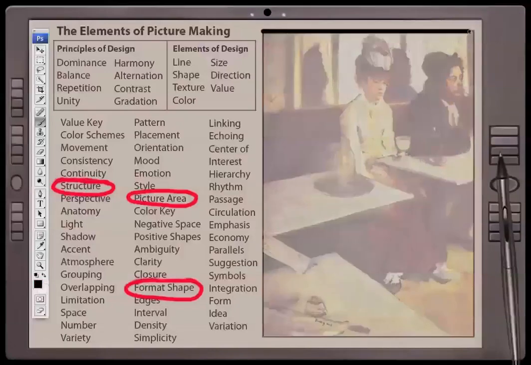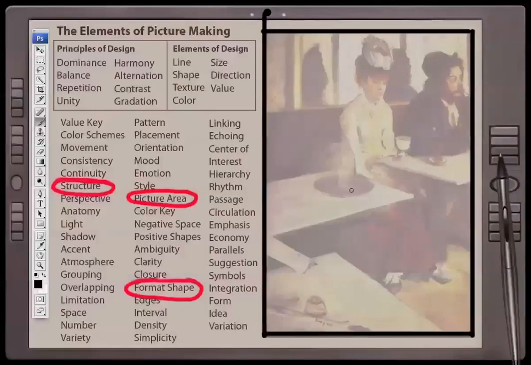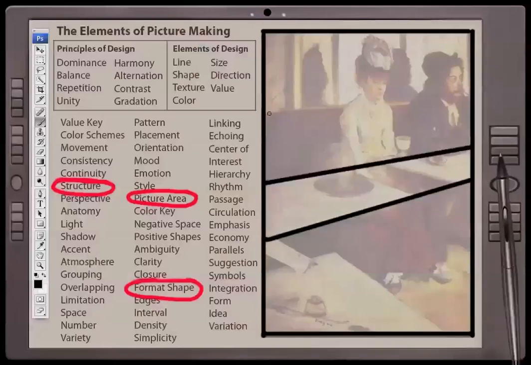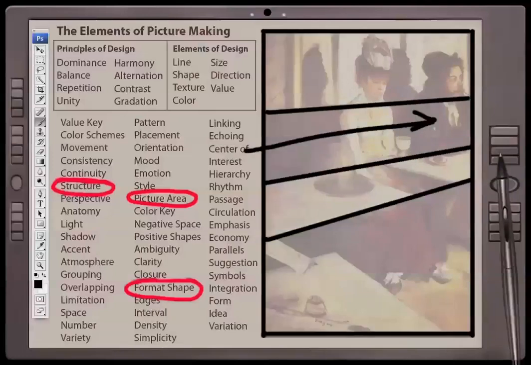So let me begin by dividing the picture area with these straight lines like this, starting there, another one here, another diagonal there. Then Degas adds opposing diagonals to these diagonals that are moving toward the right.